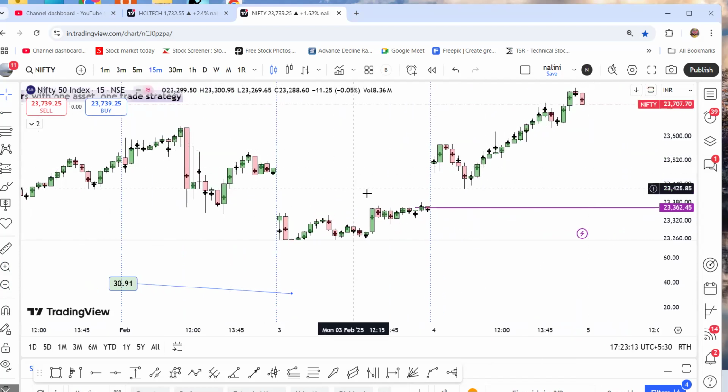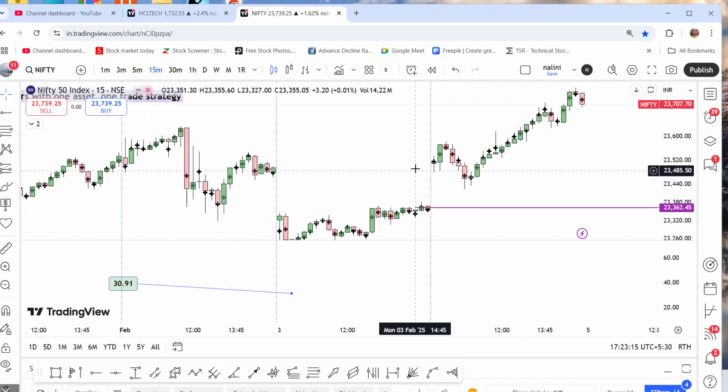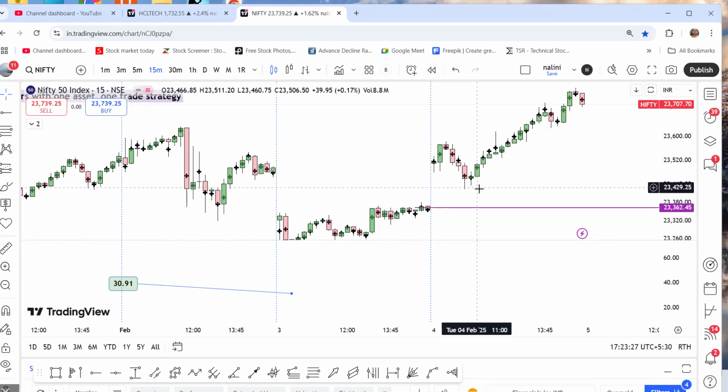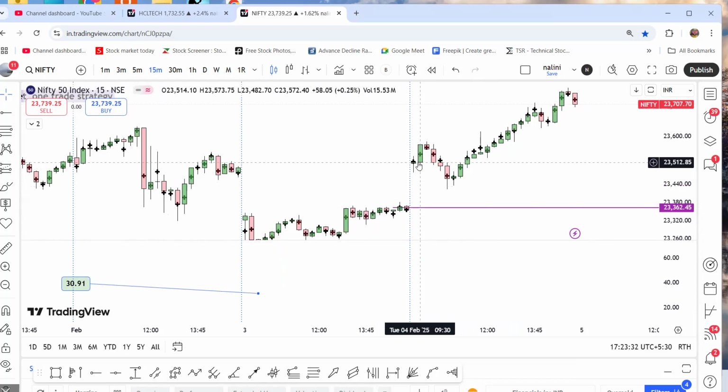Okay, so on the previous day, when it gapped up, you can see on the third candle itself, the TWAP price started coming down. You can see over here. And it is a TWAP gap.